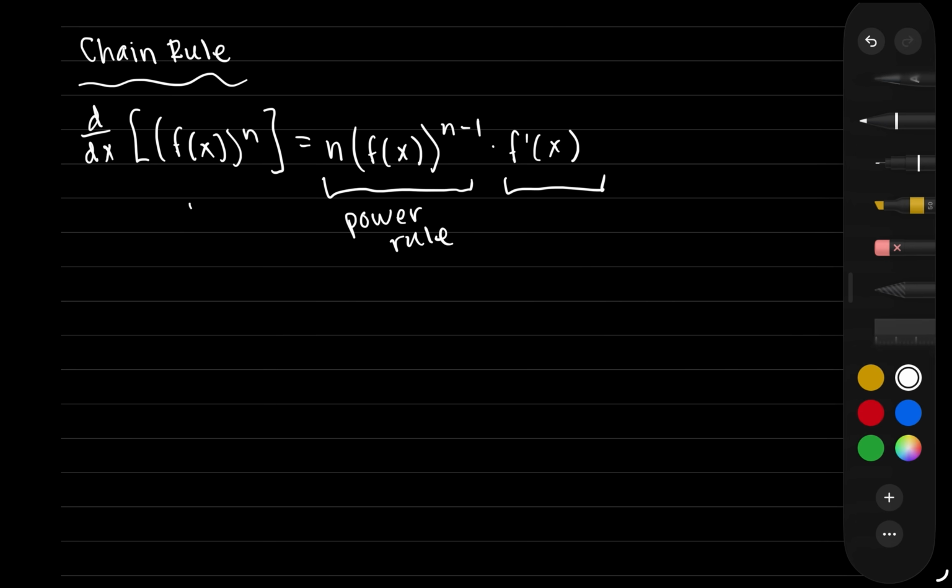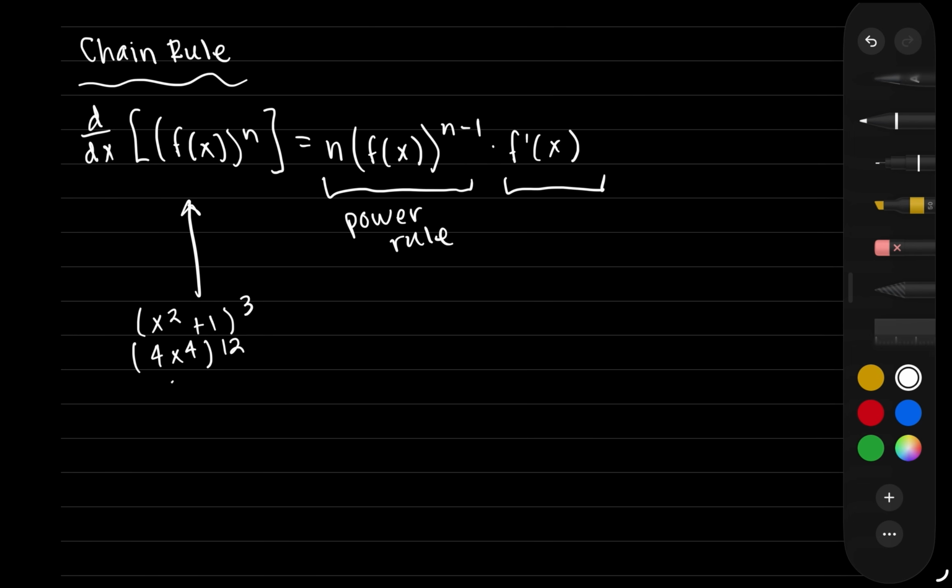So what would a function like this look like? How do you know when to use the chain rule? I would say a function that looks like this: (x squared plus 1) cubed, or (4x to the 4th) to the 12th, anything like that.